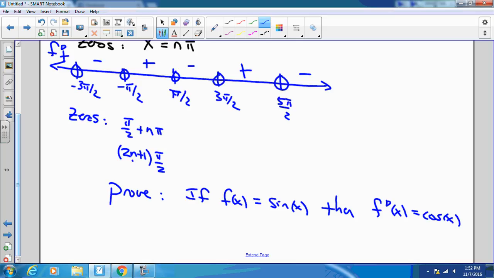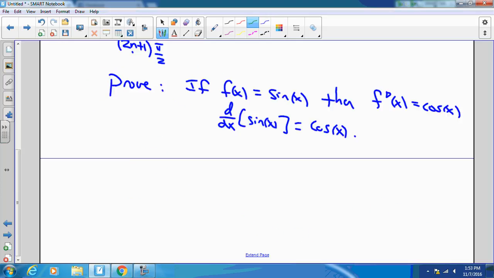Yeah, that's it. Good mathematical conjecture right there. Another way of putting that in short is the derivative of sin x is cosine x. So you can state it in either one of these ways.